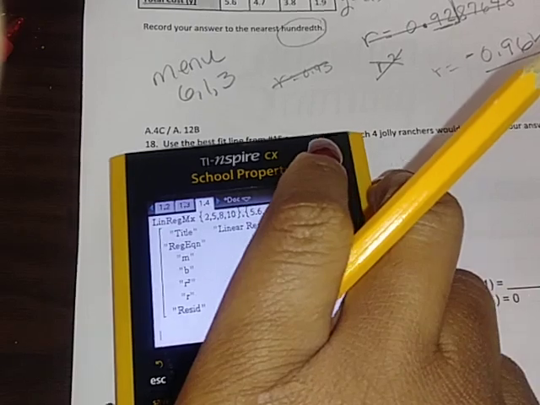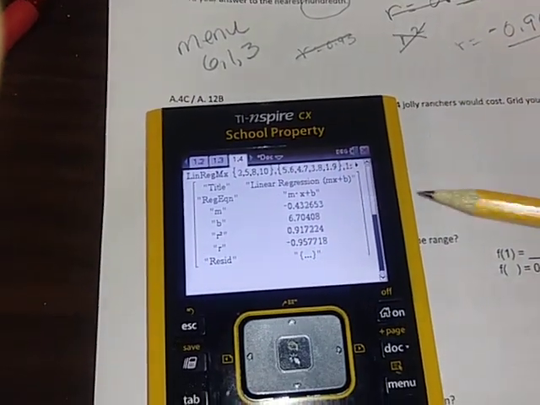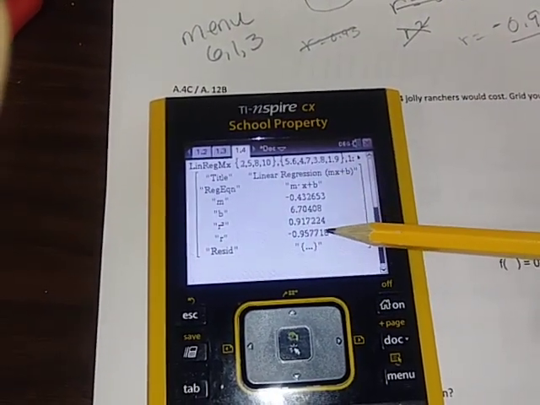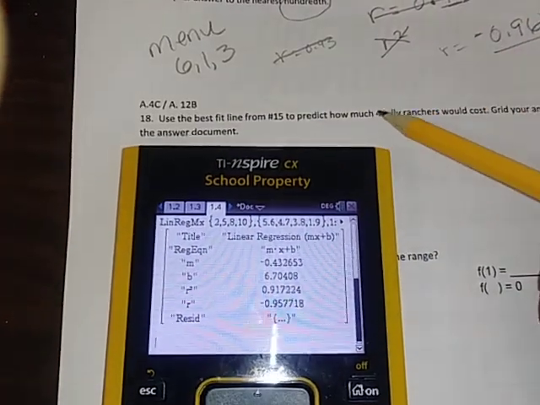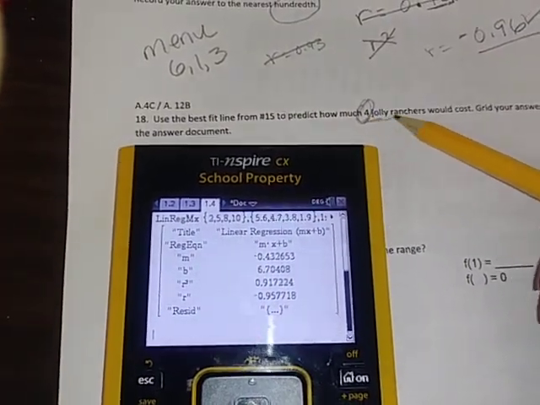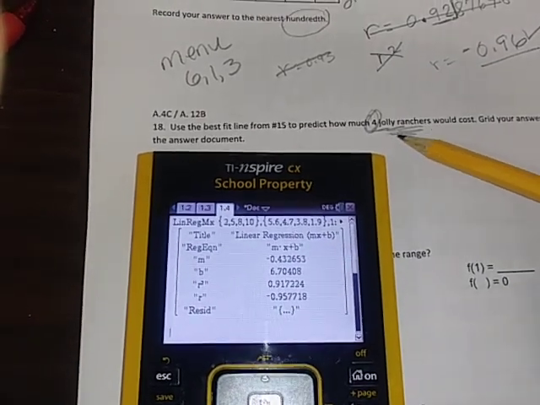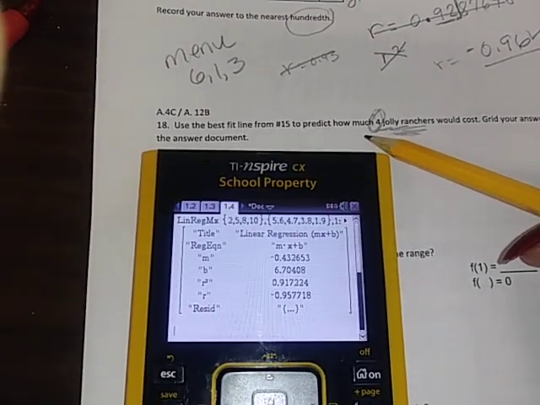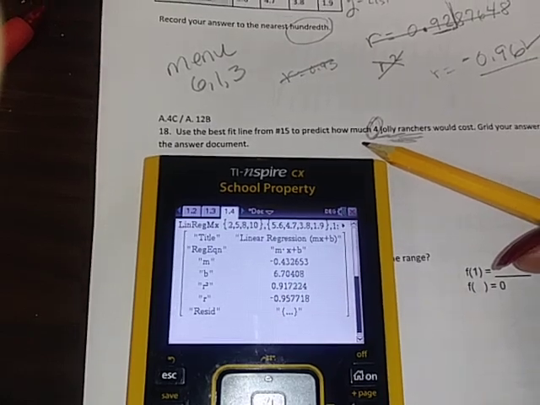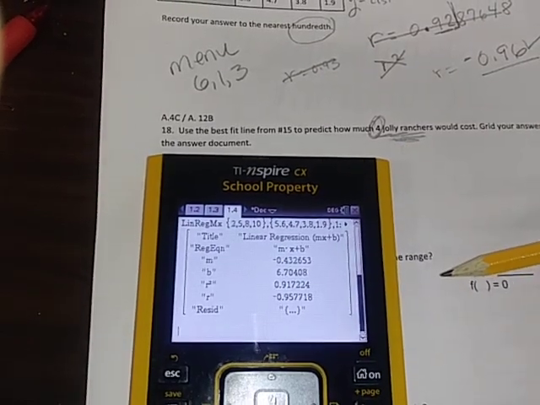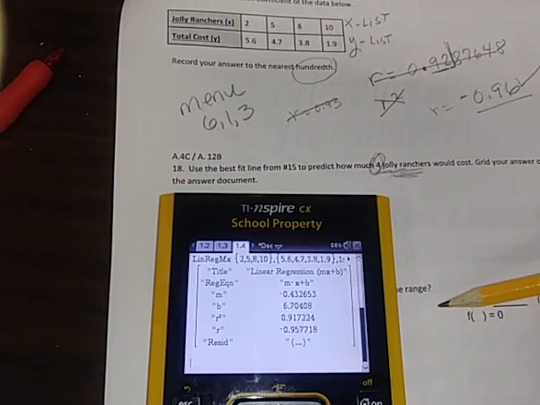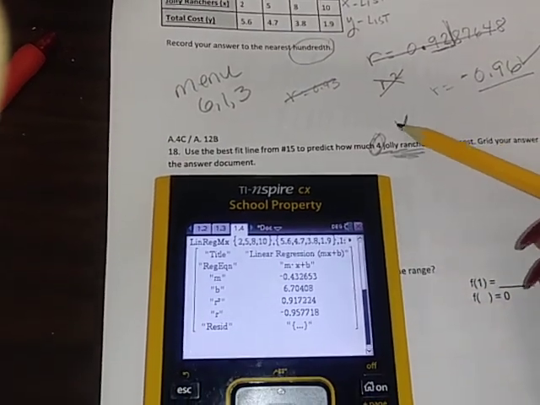It wants us to predict. So we have a few options. We could write the equation out and plug in 4 because that's what it wants. It wants to know how much would it cost me to purchase 4 Jolly Ranchers.